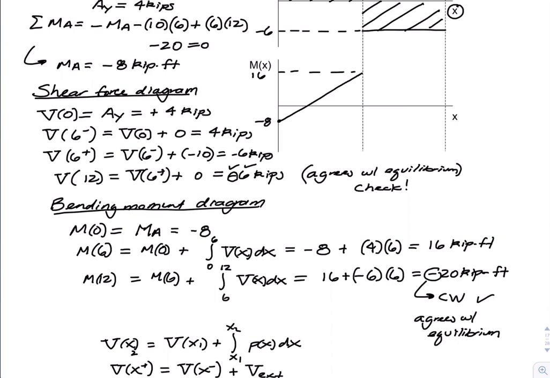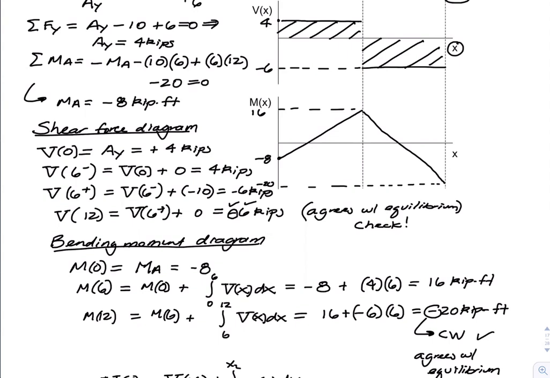And then over there at -20, the bending moment curve is also a straight line, but in this case it's got a negative slope because V is a negative. So again, check your work, but use the basic ideas here of integration and the values of shear force at jumps.